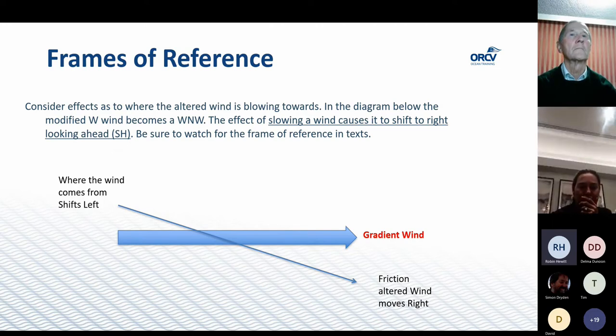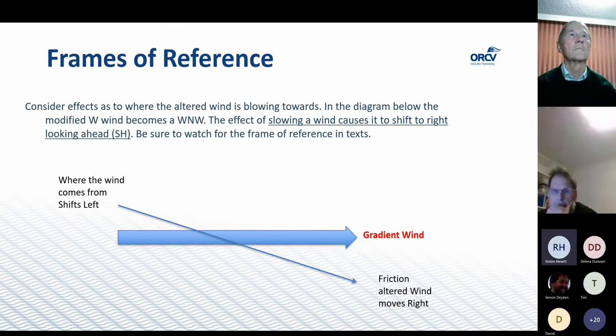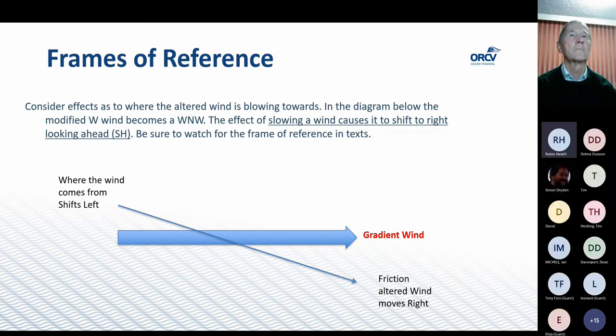We've got the gradient wind, and there's a little bit of confusion in gradient wind, because I've only got one terminology that I'm used to, and that's gradient wind. Sometimes in an example I'll say so when it's confusing, but gradient wind means existing wind.